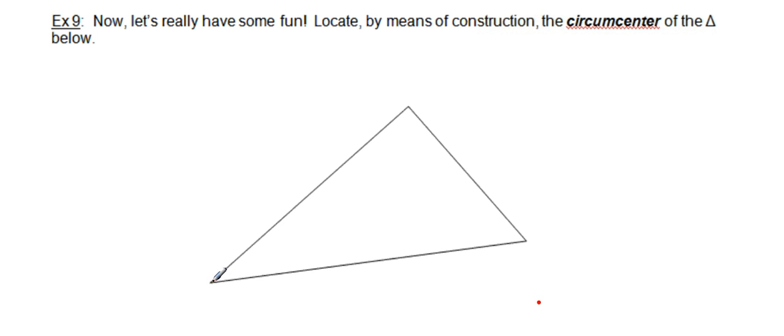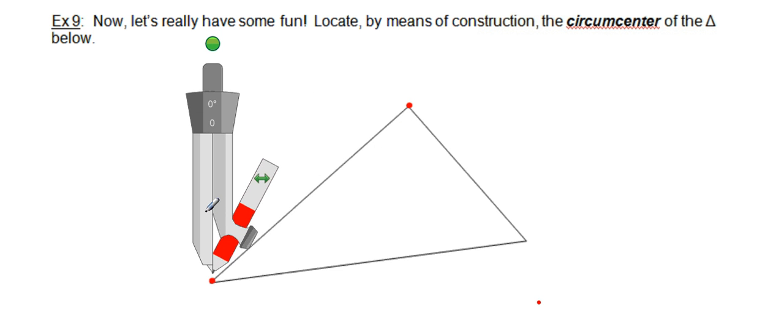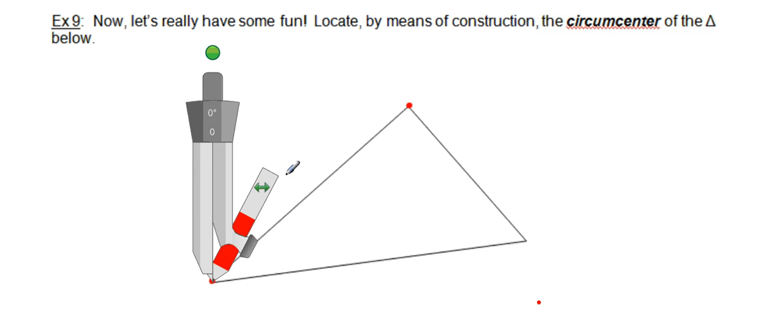This might get a little bit messy. So I'm going to do the perpendicular bisector of the sides determined by those 2 red points first. And I am actually going to color code to try to make this a little bit easier.